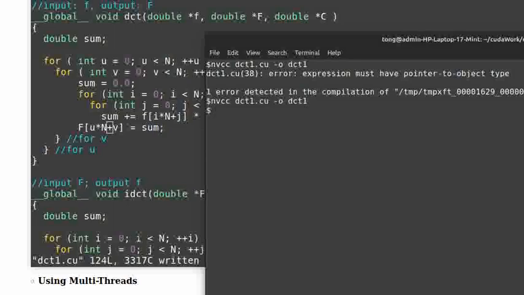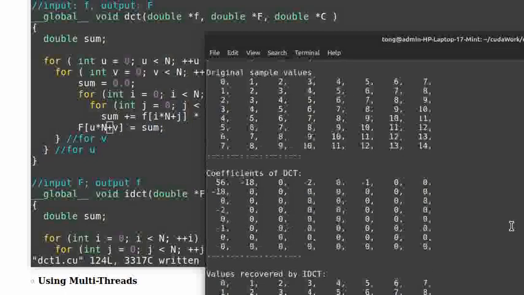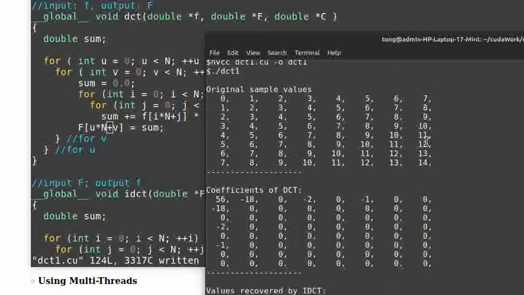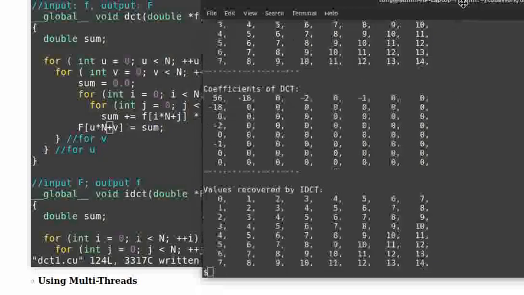Okay, so it compiles, and now we can execute this. So again, we got the same results: the original values, the DCT coefficients, and then the recovered values. Okay, and we can check the profile.